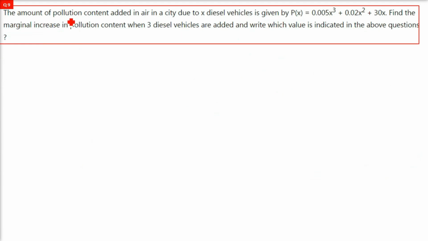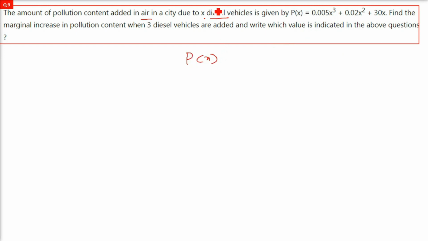Alright. The amount of pollution content added in a city due to x diesel vehicles. So there are x diesel vehicles, and the equation is given, that is how the pollution is related to the number of increasing or decreasing diesel vehicles, which is x. So if you add x, pollution will be higher. If you reduce x, pollution will be lower.